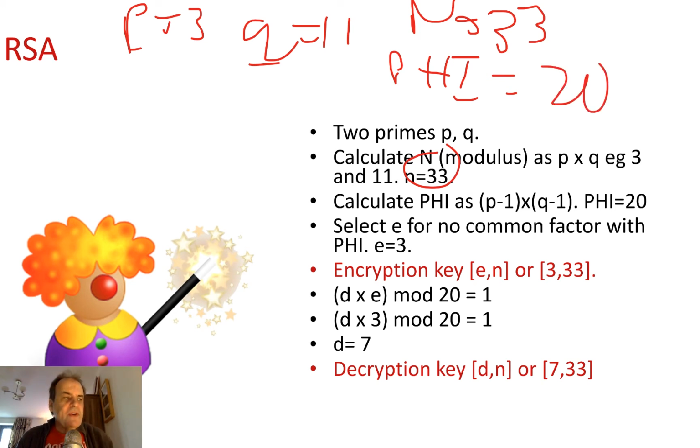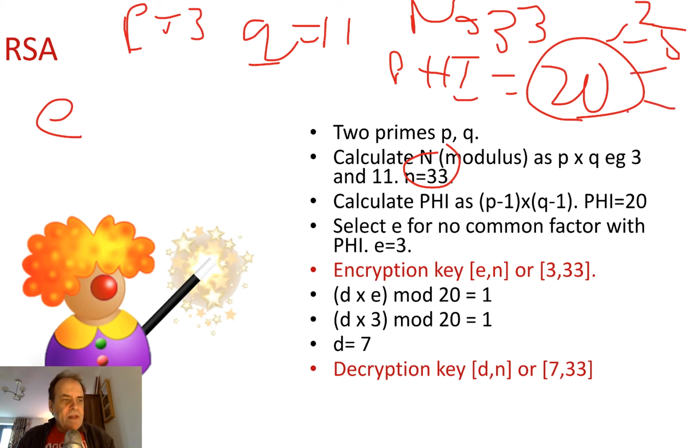And then we've got to make sure that the value of E does not share any common factors with phi. Okay, so we define that formally as the GCD of phi and E being equal to 1. So the factors of 20 are 2, obviously 4, 6 and so on, 5 and so on. Okay, so we can't pick 2, 4, 5, 6 and so on, and 10 there.